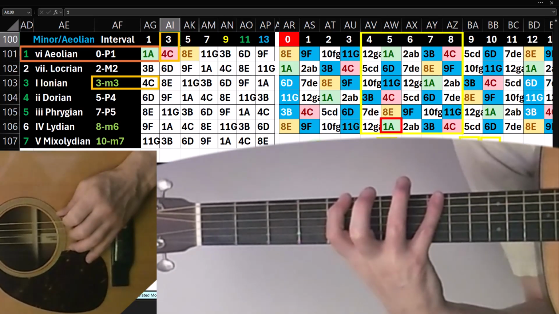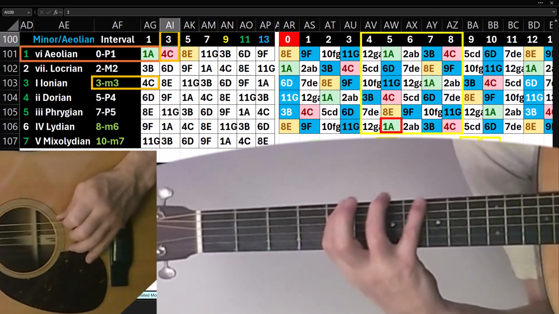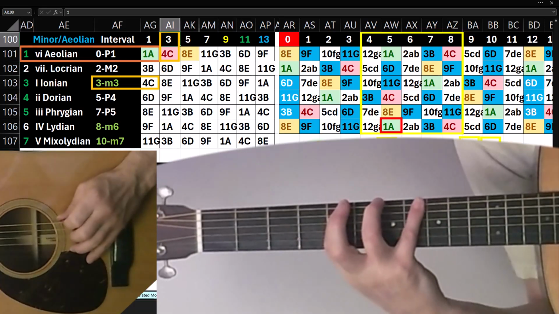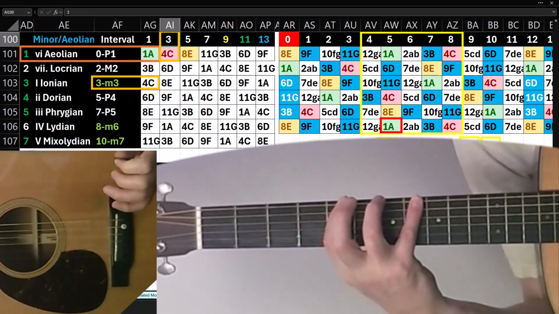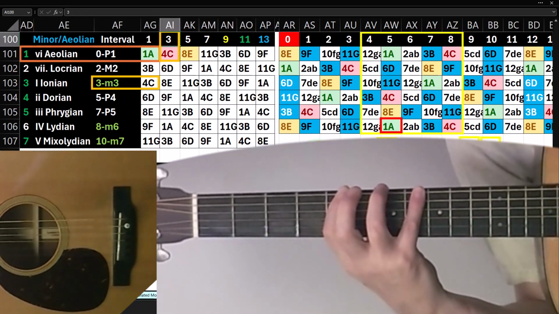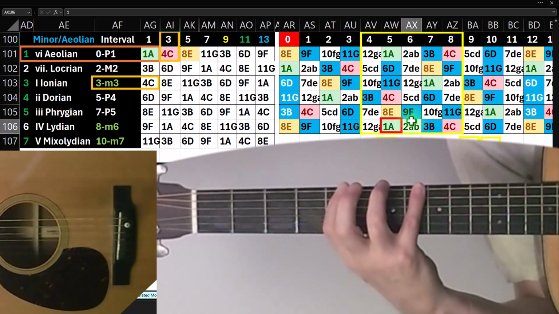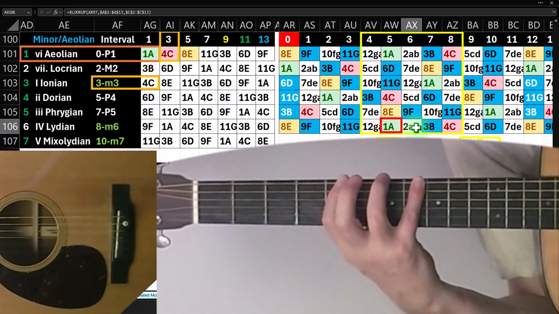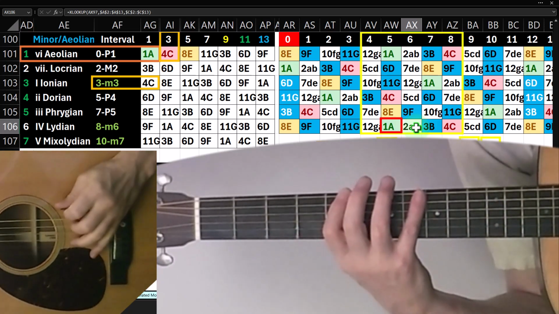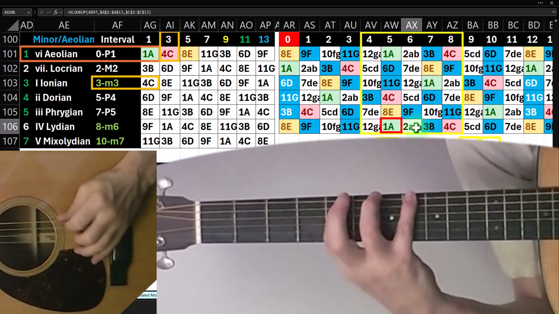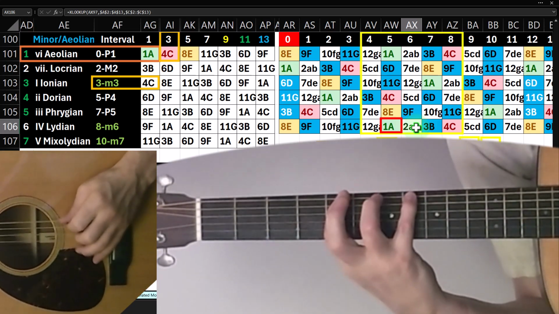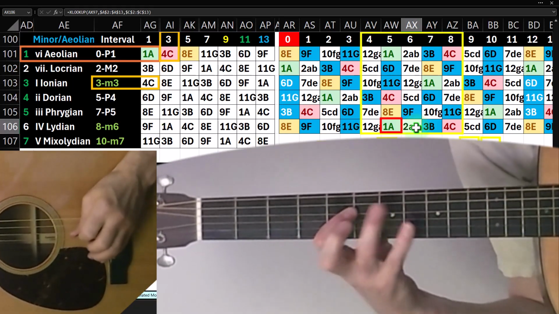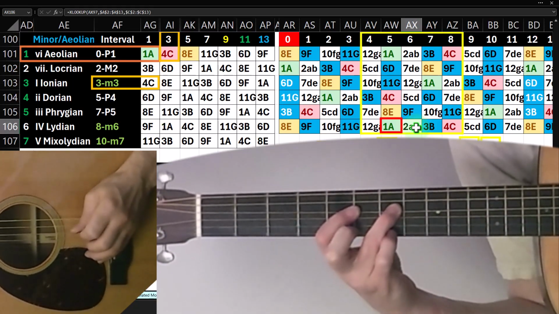You don't typically do the same thing in a minor, going from a major to a minor third, but you can. Why? Because that's a half step. So I wouldn't think of that as a normal convention that we do all the time, going from the minor third to the major third, but it is still a half step. So it still works.